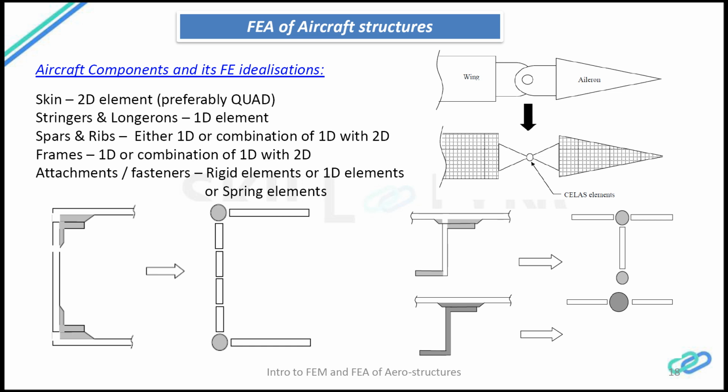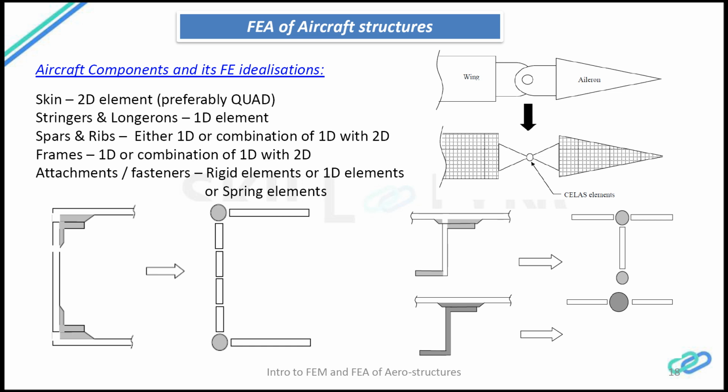At the same time, for the spider elements, for the rigid elements, you should know what degrees of freedom you should allow, what kind of movement is allowed for the aileron, and how the wing is attached, how the interface point of the wing to the rest of the aircraft structure is done. So he has to idealize. On these idealizations, whatever is being done, your model will be more or less accurate to the real structure.